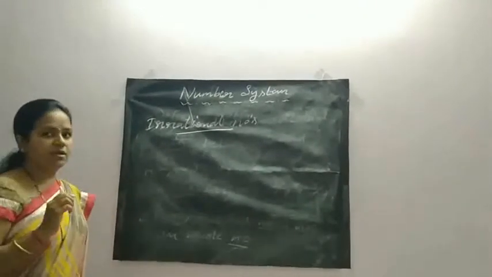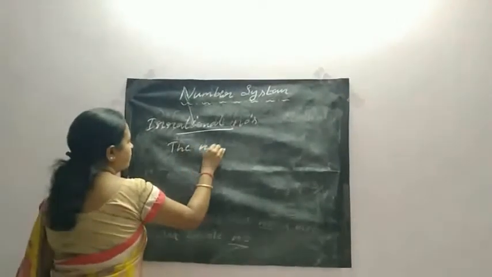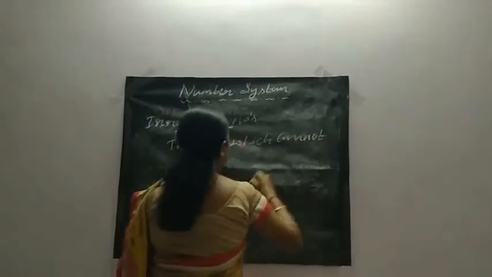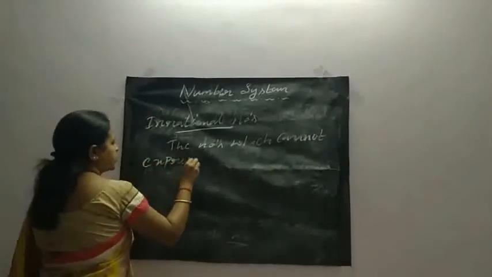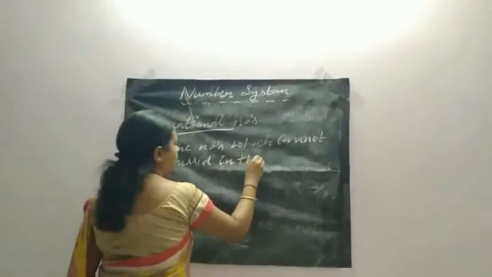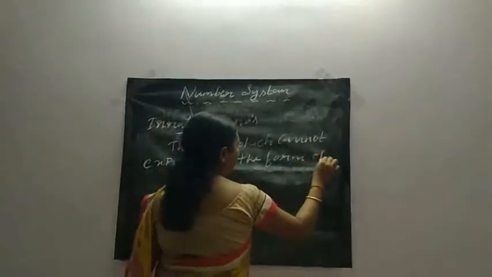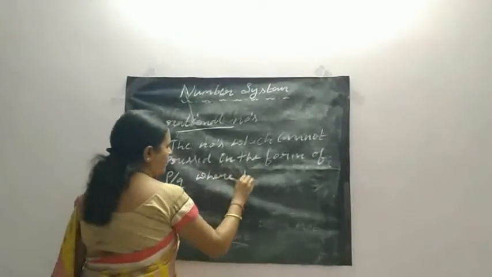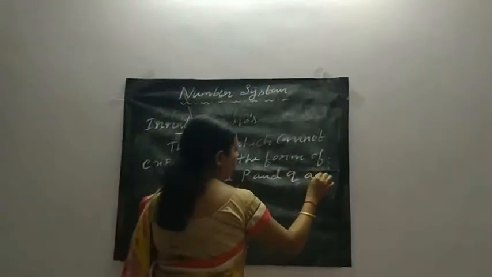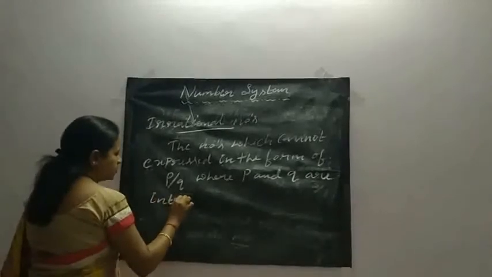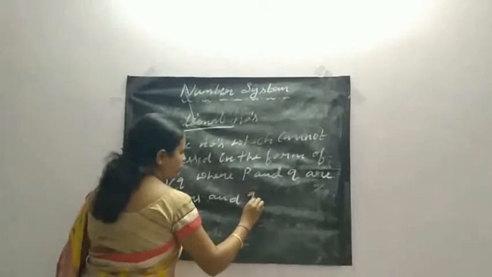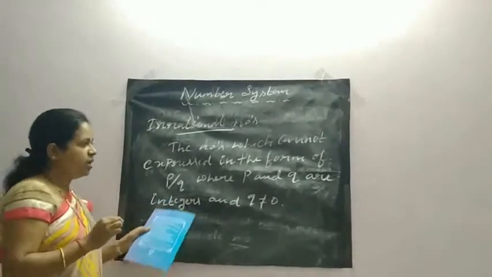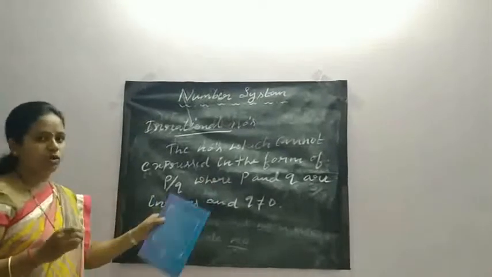So the numbers which cannot be, listen properly, which cannot be expressed in the form of P by Q, where P and Q are integers and Q is not equal to 0.